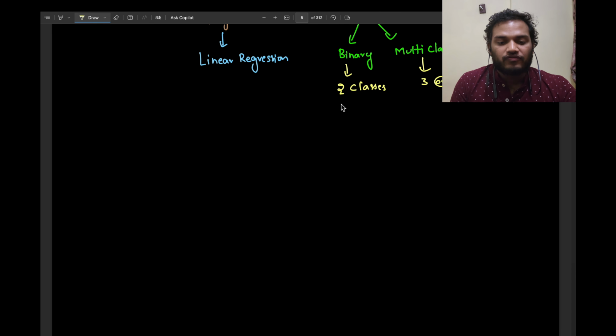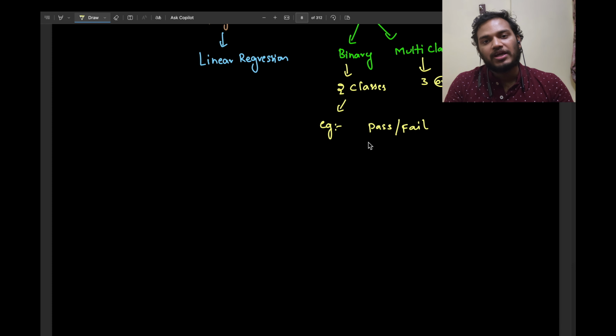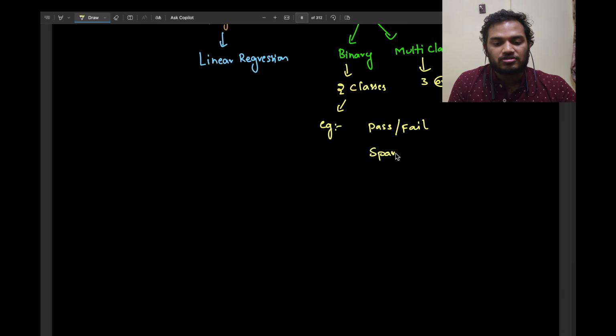Within binary classification, some specific examples are: whether the student will pass or fail, which we want to predict with the help of the model. That is one binary classification problem. Similarly, whether the email is spam or not is another binary classification problem.